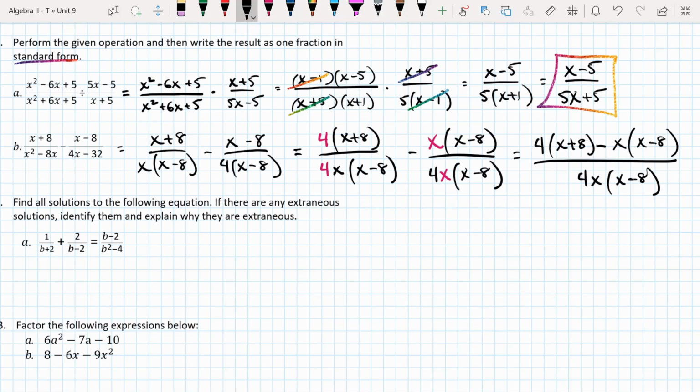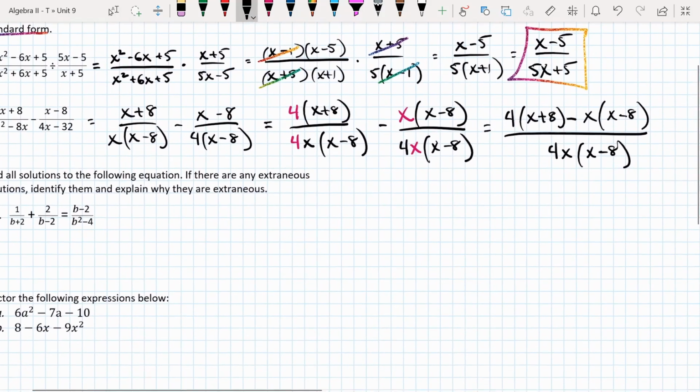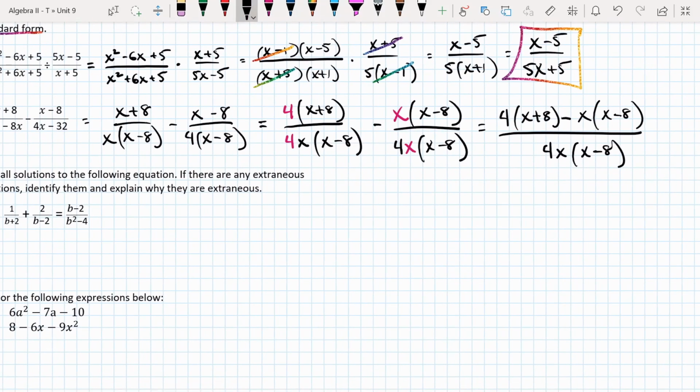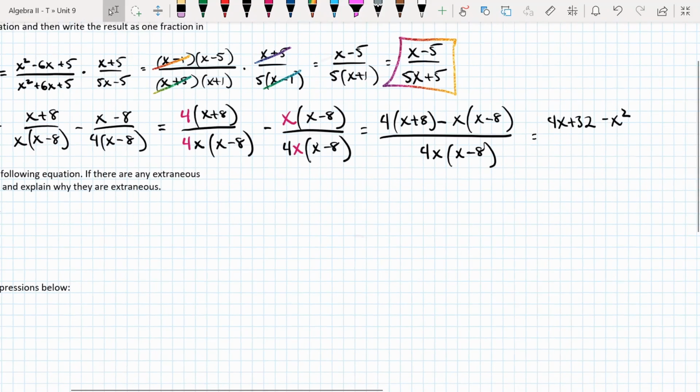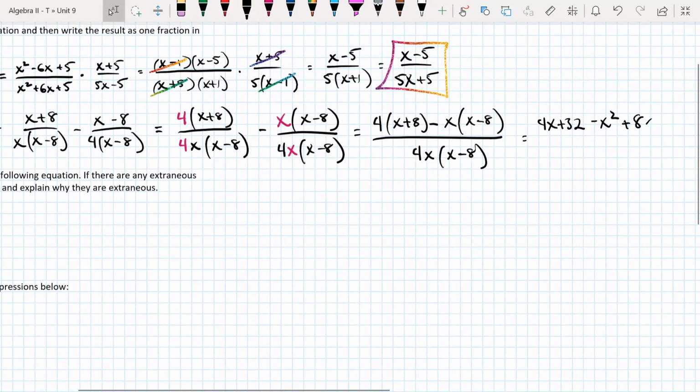Okay. And the last thing we're going to do is convert this to standard form. So what we're going to do is distribute the numerators here. I'll do this over here. So 4x plus 32 minus x squared plus 8x, all over 4x squared minus 32x.